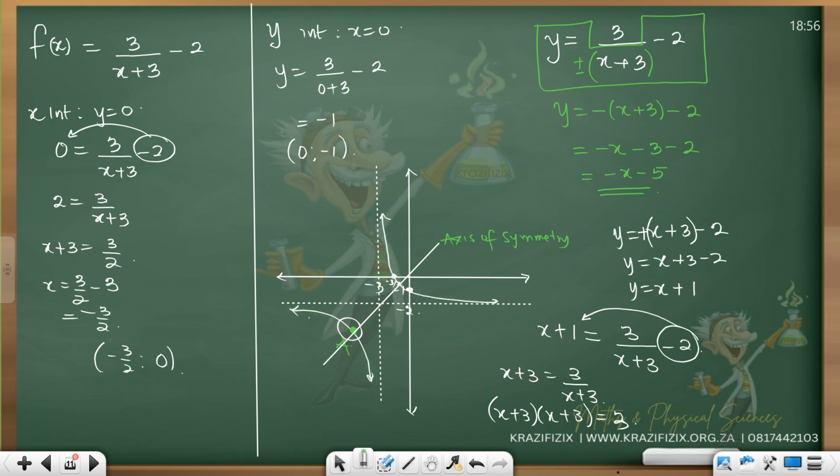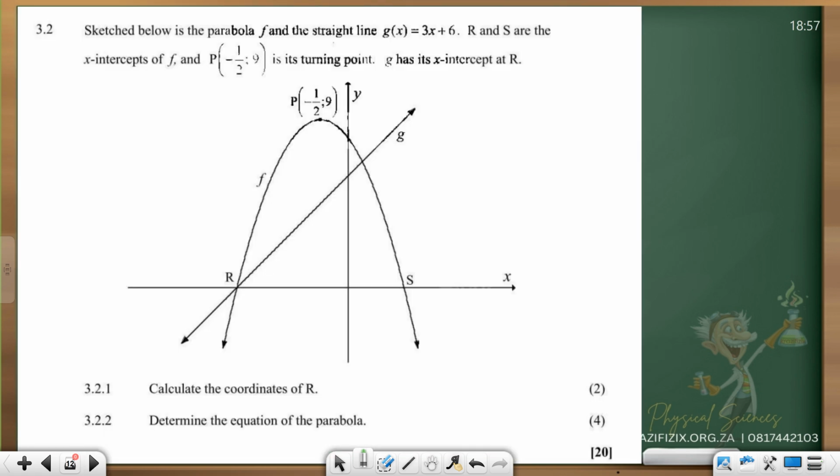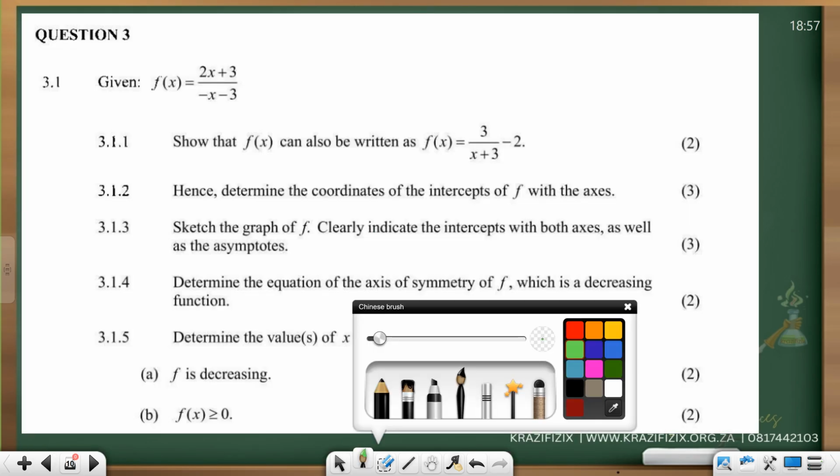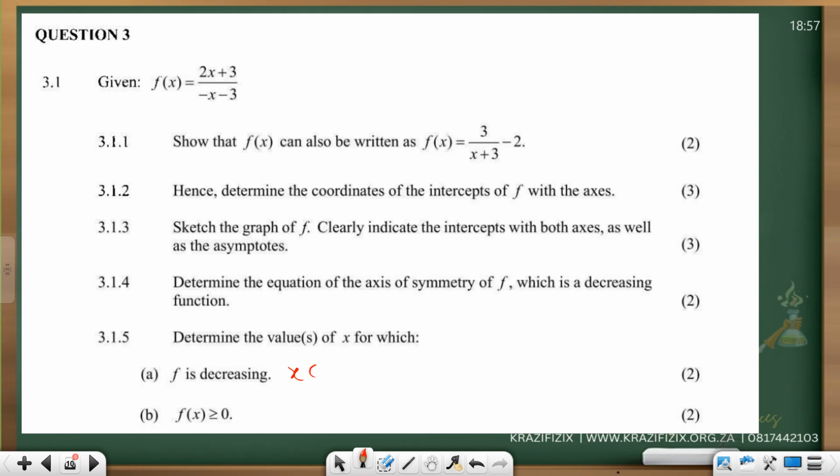So what's my answer? X is an element of real numbers, but x must not be equal to the vertical asymptote. Please take note. X is an element of real numbers, but x should not be equal to negative 3. Because the graph does not exist at that point.